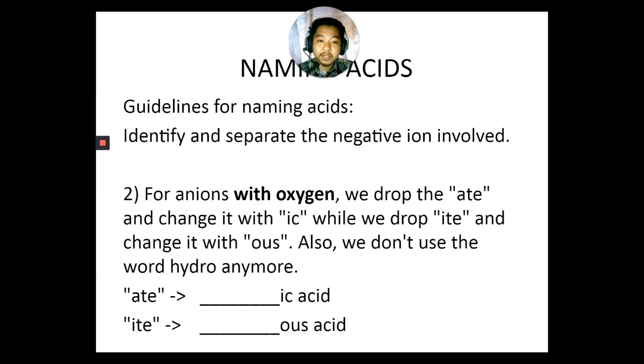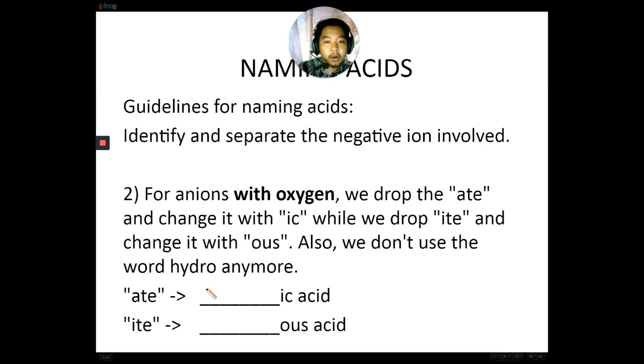Hydrogen oftentimes combines with these polyatomic ions, making the naming of acids a little complicated. But the rule is very simple as well. We still drop the ATE or the ITE and change it with either IC or OUS. And if you notice, we don't write the hydro anymore.